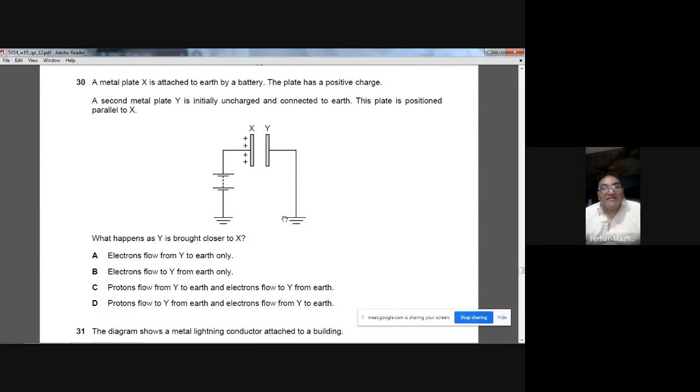C and D can never be the option because protons do not flow. Electrons flow to Y from the Earth only. B looks like the answer. Question number 30, B is the right answer, sir.